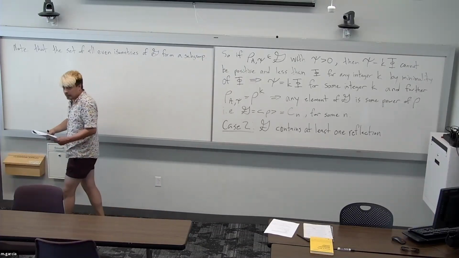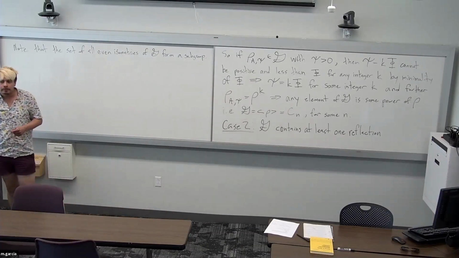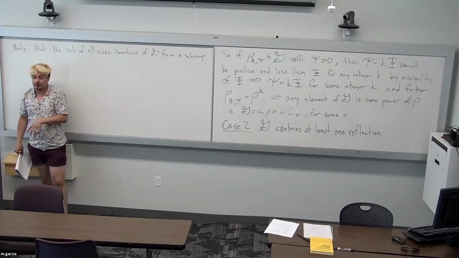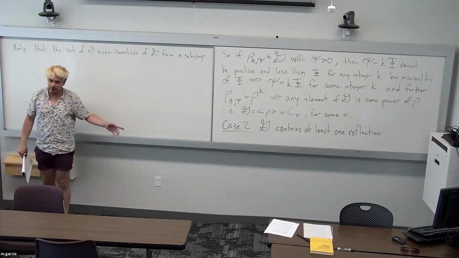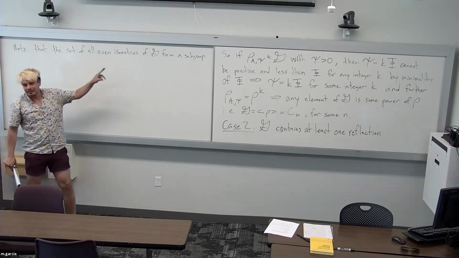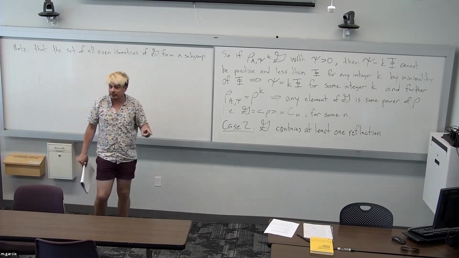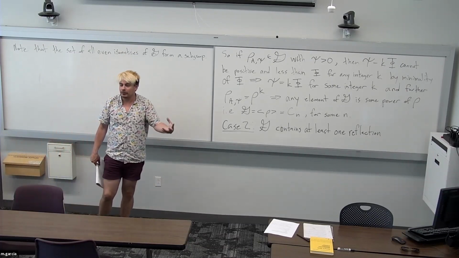Well, that would be the subgroup of even isometries of all isometries. Now I'm saying if you take some finite group G and look at all the even isometries, then that must form a subgroup.